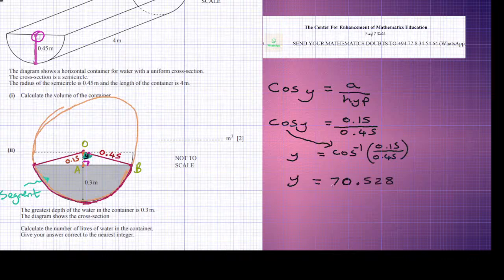Let me use two decimal places, so 70.53. Alright, so angle Y is 70.53. Now if angle Y is 70.53, what's this angle, which let's label as X?